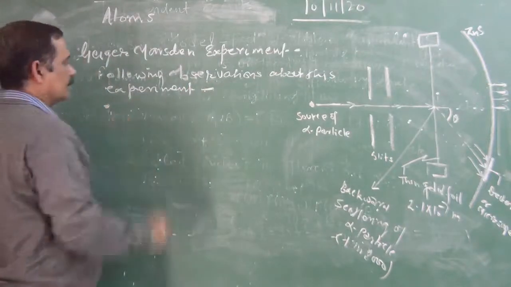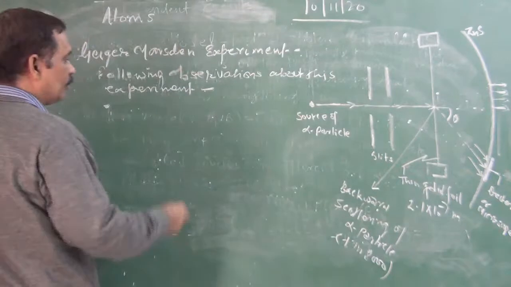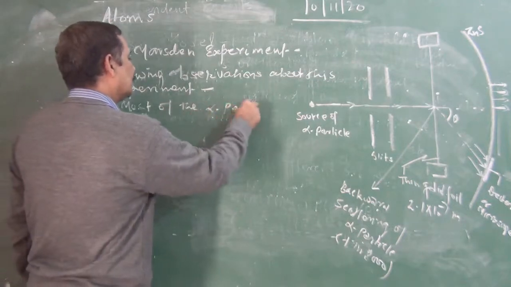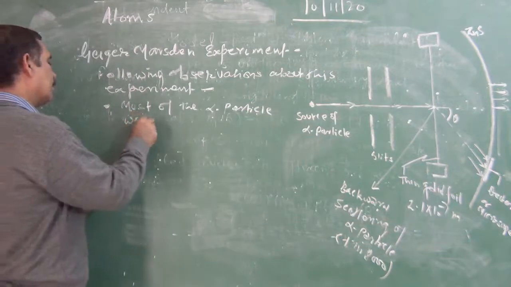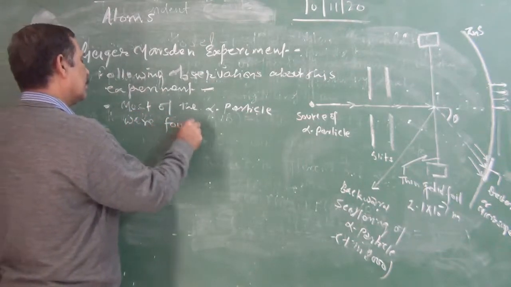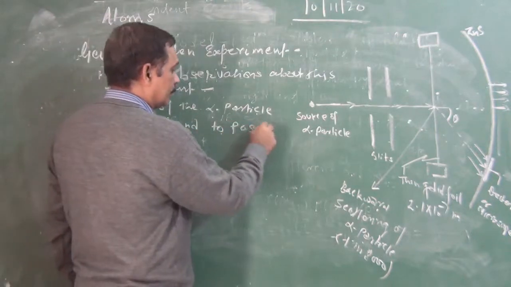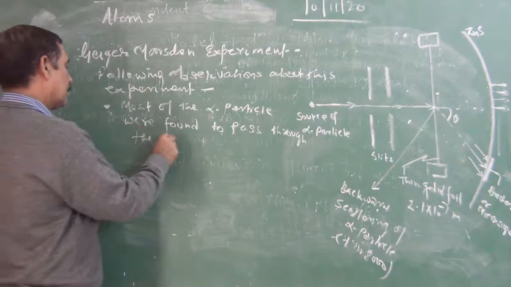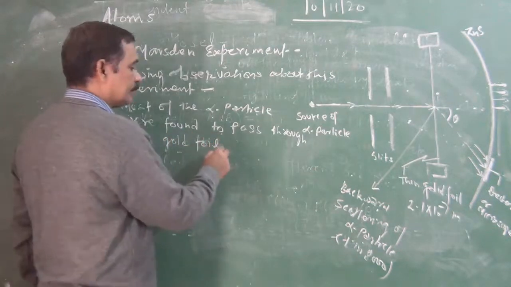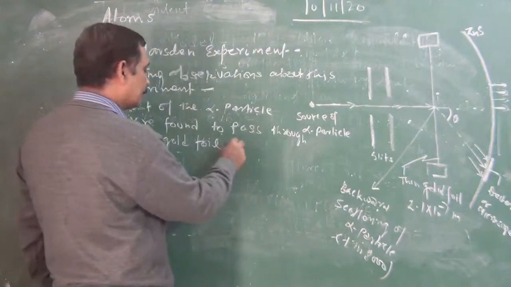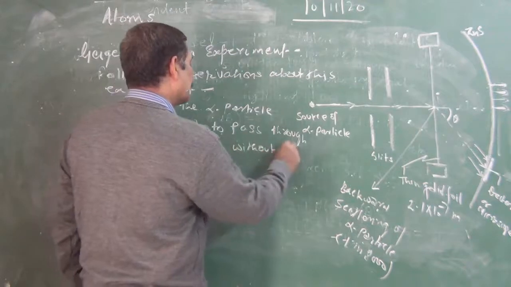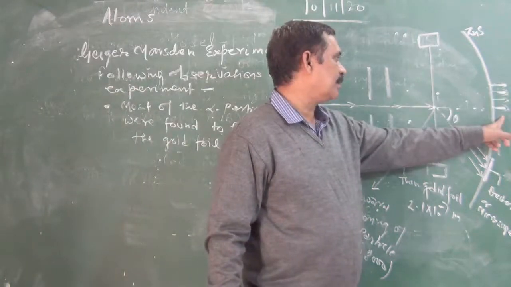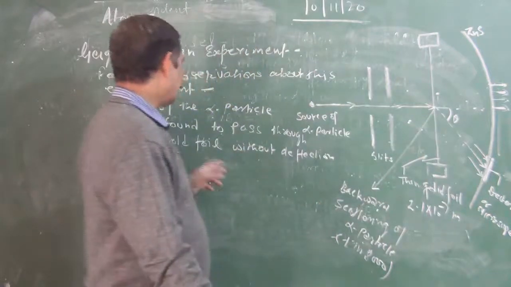First point: most of the alpha particles were found to pass through the gold foil without deflection.